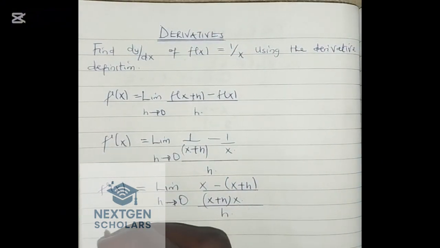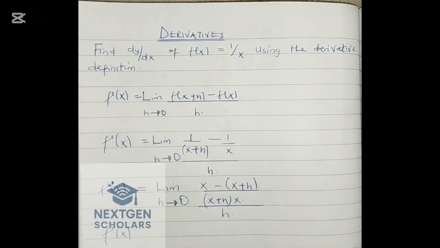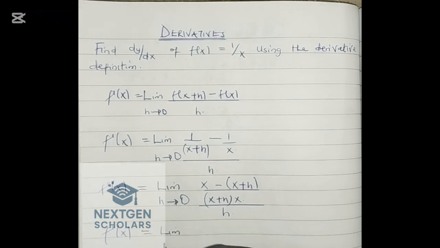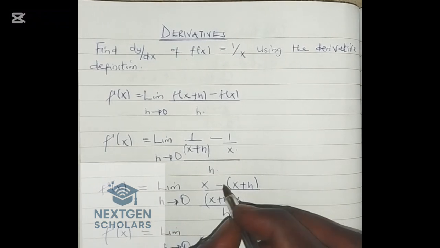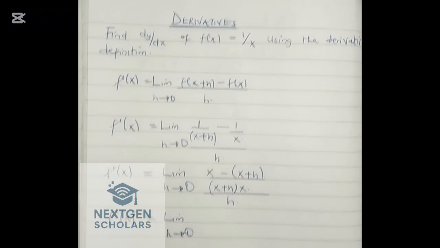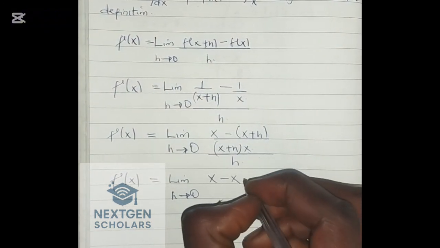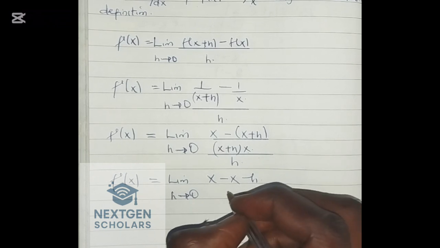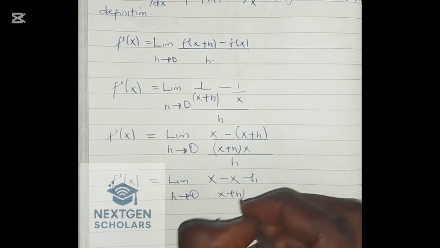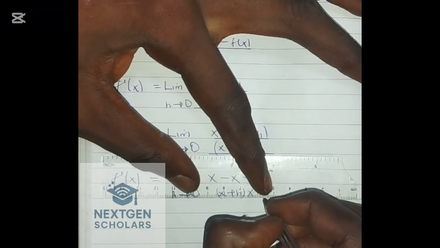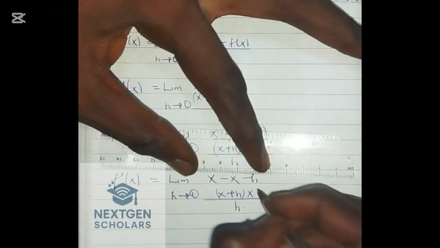So here we have f prime of x is equal to the limit as h goes to 0 of, if I open up this bracket, I get x minus h all over x plus h into x, then all over h.